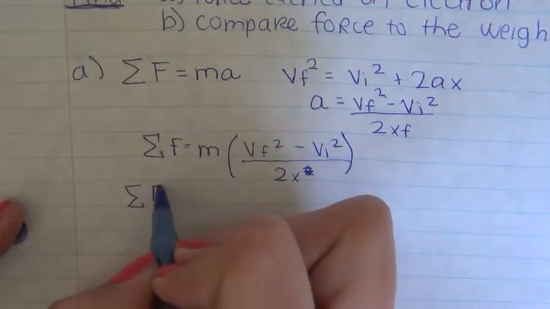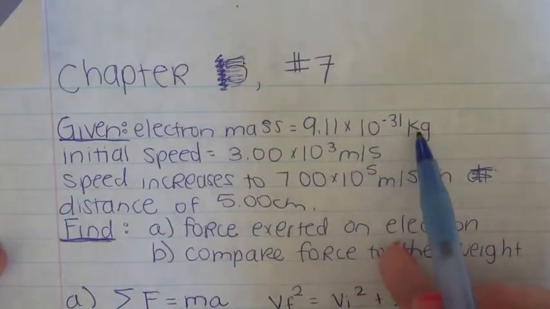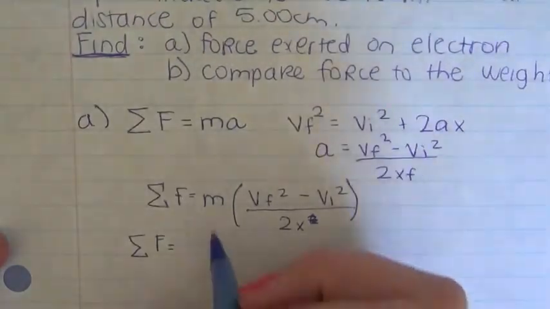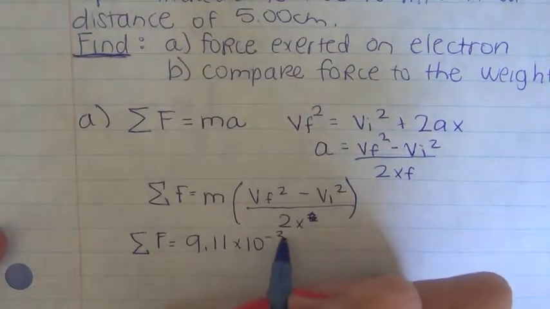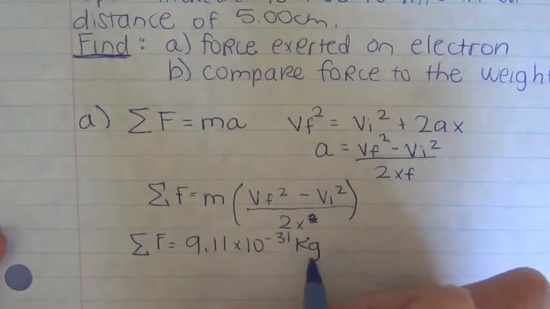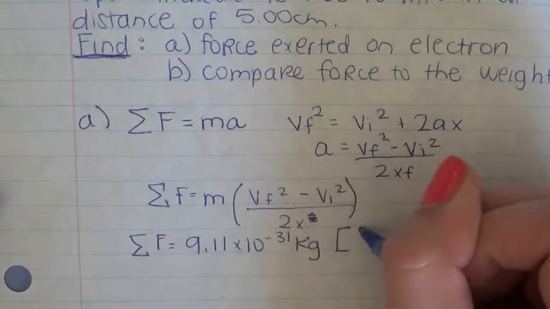So the sum of the forces equals, so for m, we're going to plug in our 9.11 times 10 to the negative 31 kilograms. And then we're going to plug in our v final and initial.